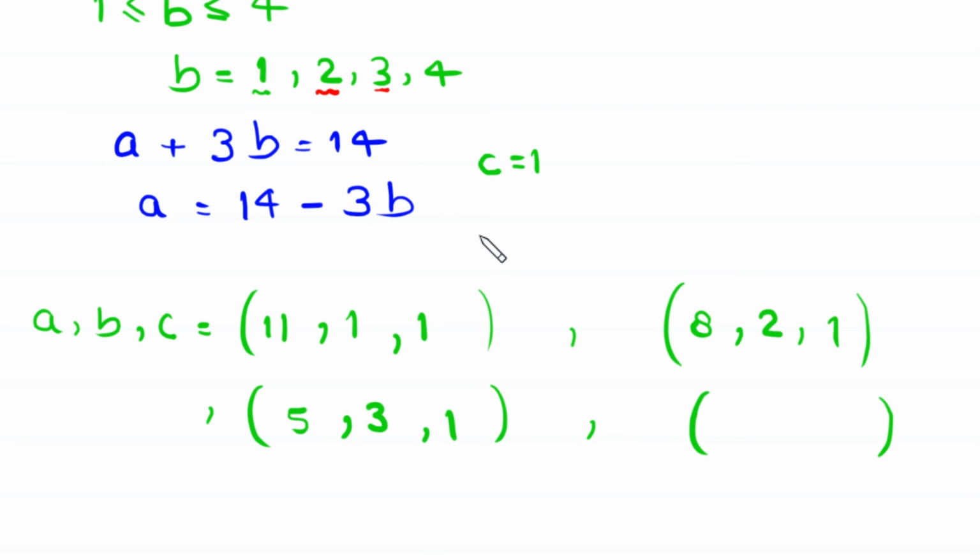Now when b is 4, a will be equal to 14 minus 12, which is 2, and c is 1. So from this first case we get 4 triplets. Now we solve the second case.